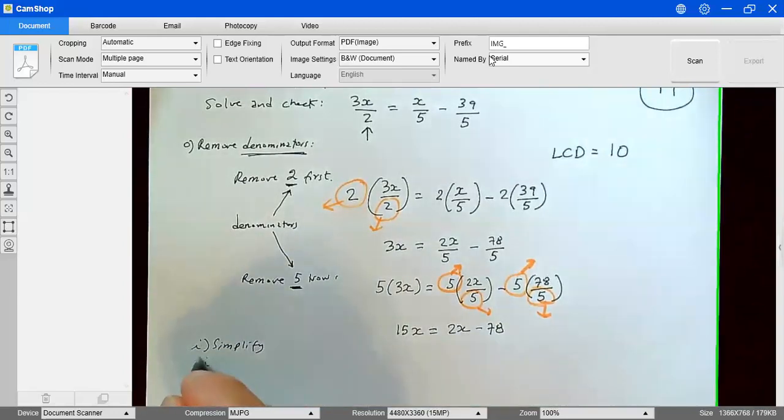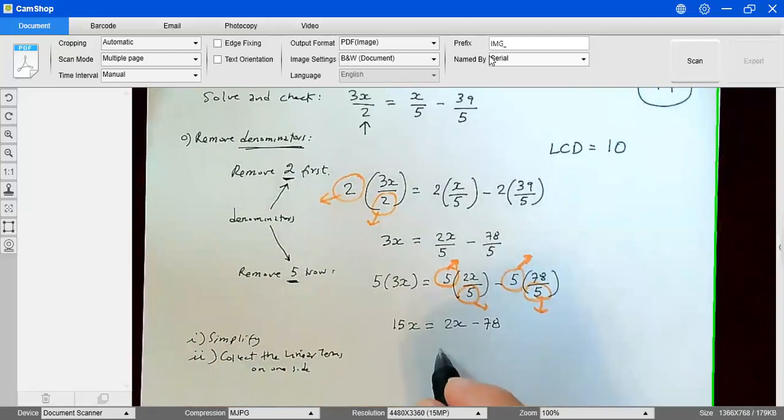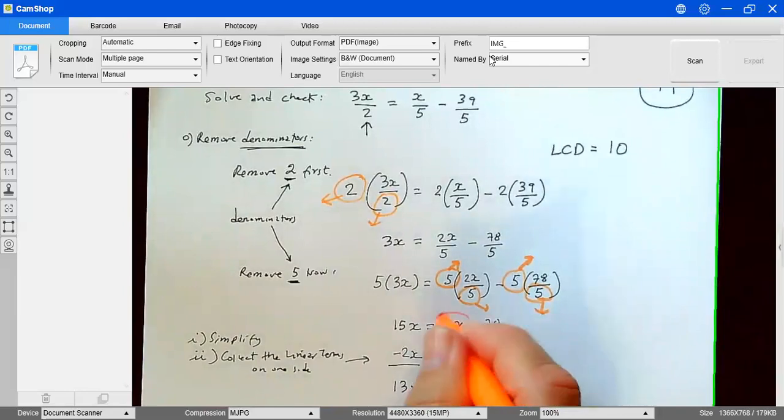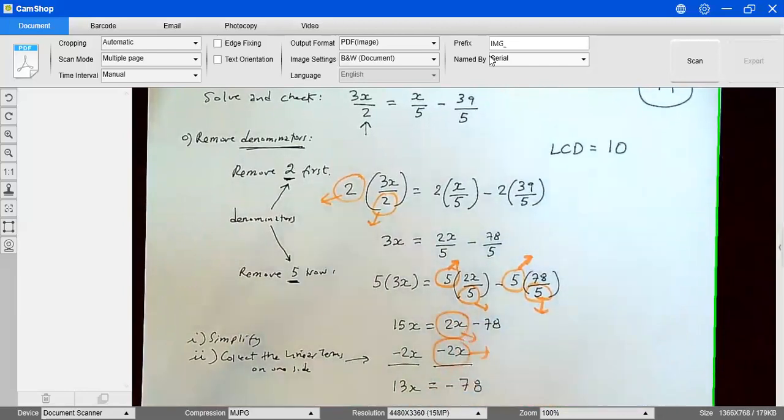Then we're going to collect the linear terms on one side. So I'm going to move this 2x to the left-hand side. So I'm going to end up with 13x equals negative 78 because these linear terms vanished.